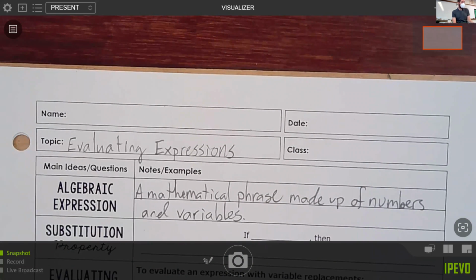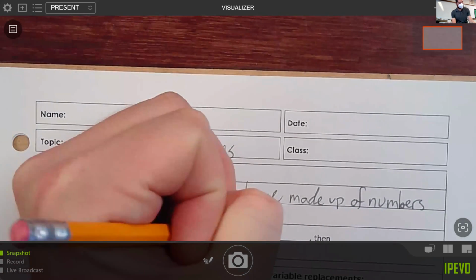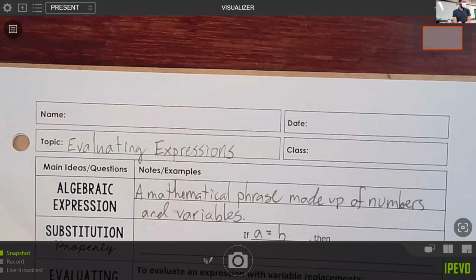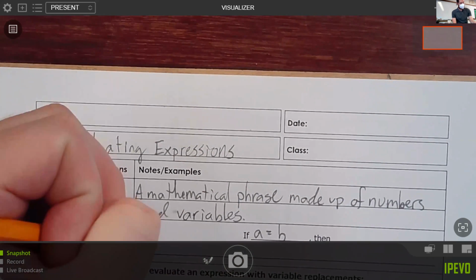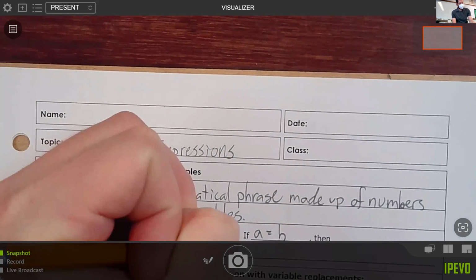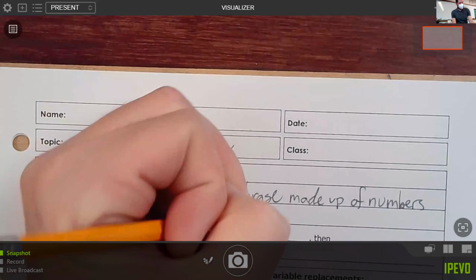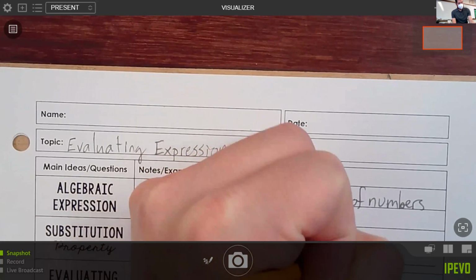So the substitution property is what we're going to be using today because we're going to be plugging in values for the variables. So for example, this says if A equals B, so if two numbers are equal to each other, then A may be replaced for B in any expression.